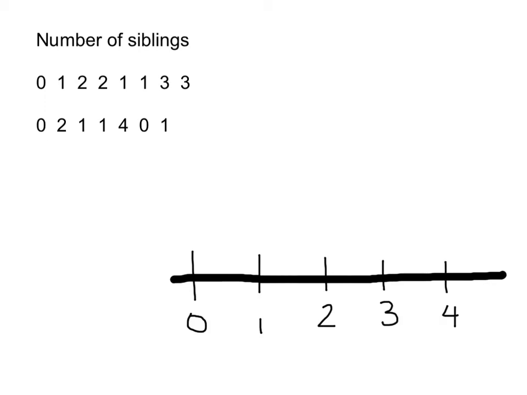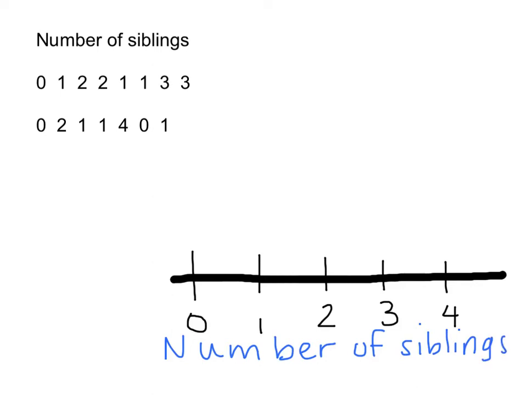Label your axis. Now start putting on your dots. Start at the beginning and work your way slowly until you get to the end. Make one dot for each number.